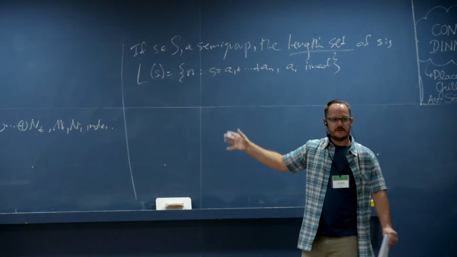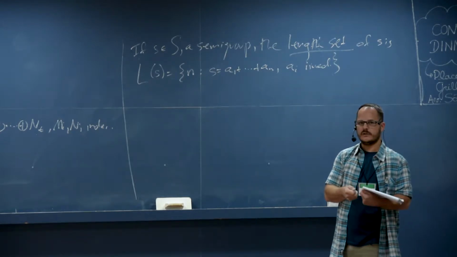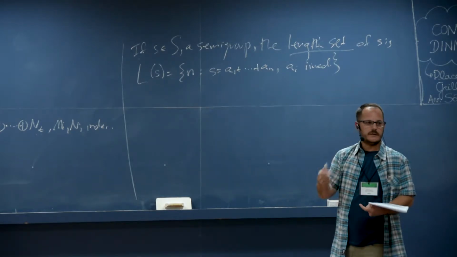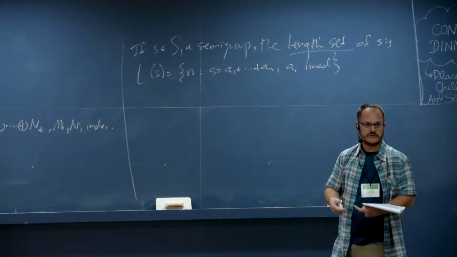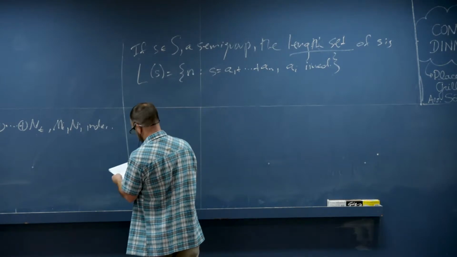So in terms of T of R, you give it a module, and then the length set of that module is the different numbers of indecomposables that you can use to build that module. Okay. So that's the length set.